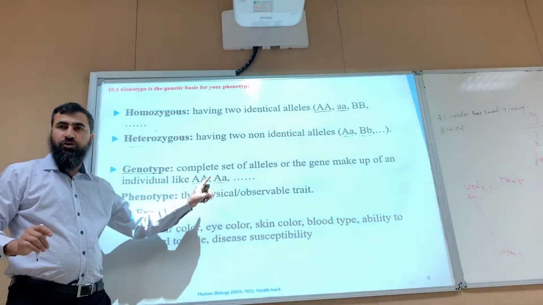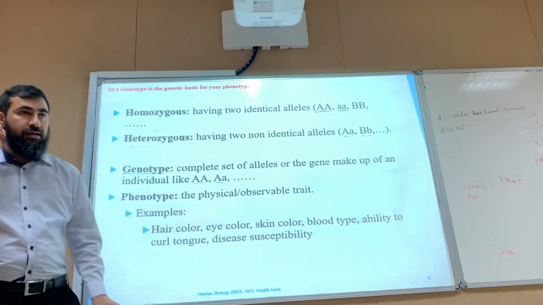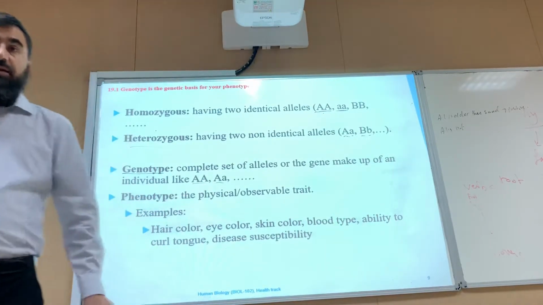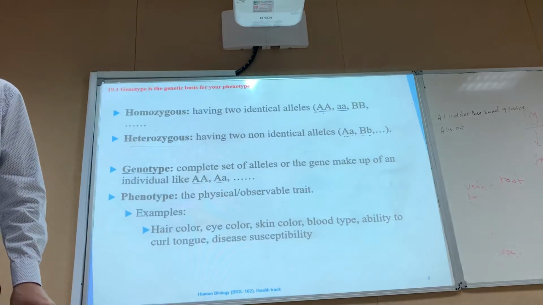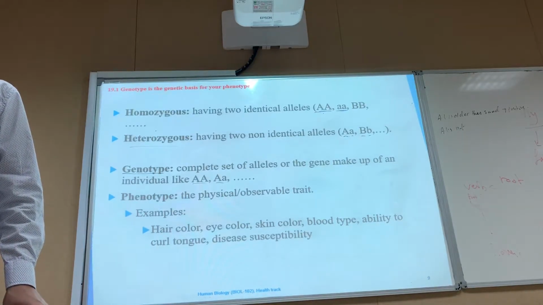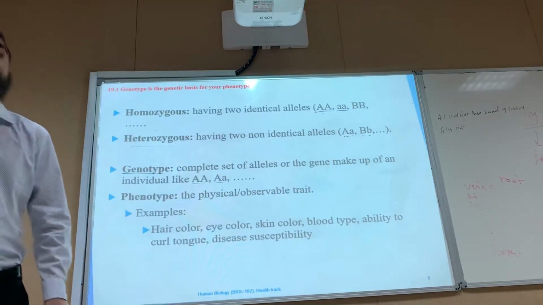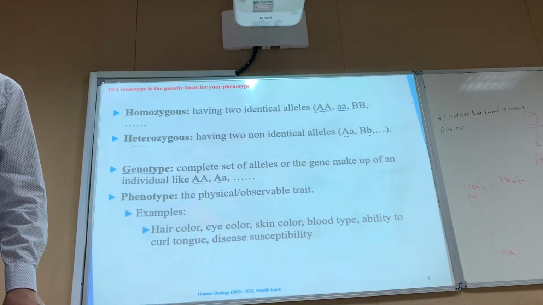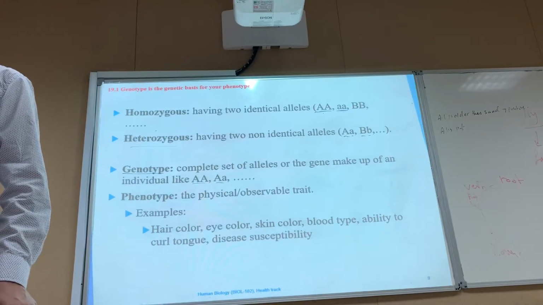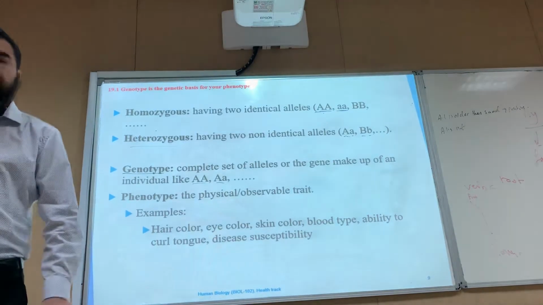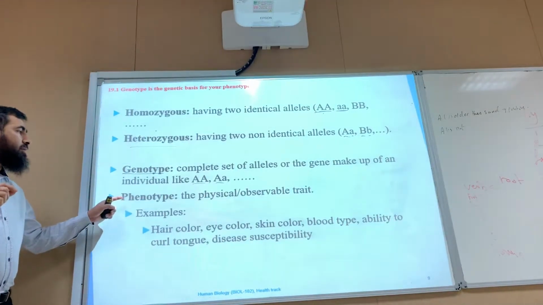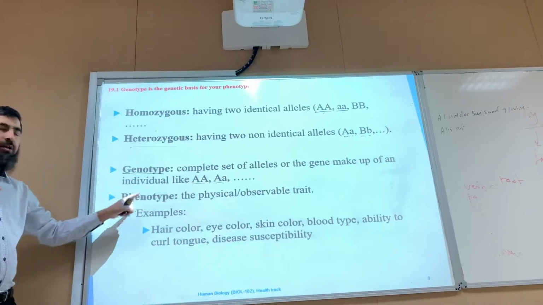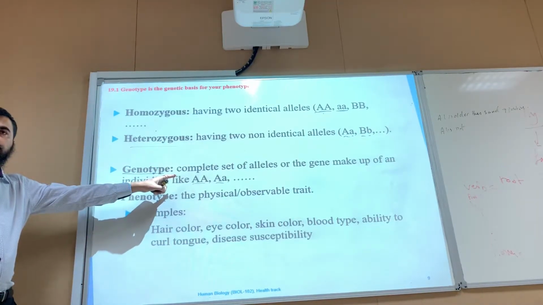My genotype for this particular trait could be capital A capital A, or capital A small a, because this is dominant. So that's the genotype. I can have two genotypes for this phenotype. So for one phenotype, I have two genotypes.